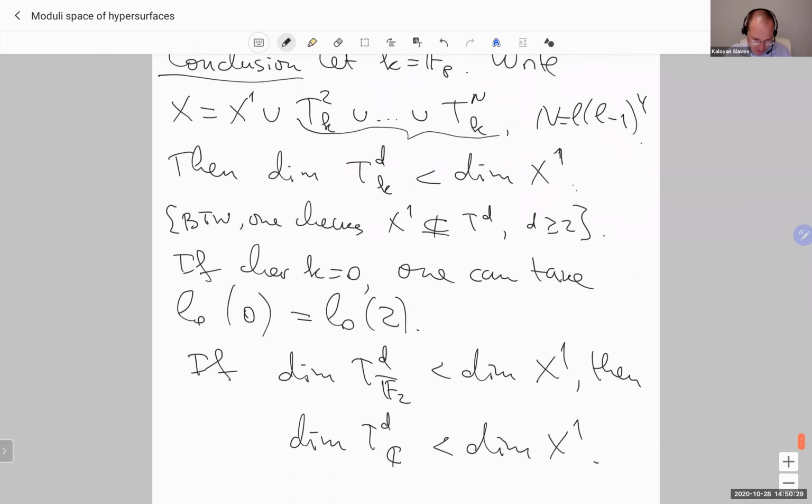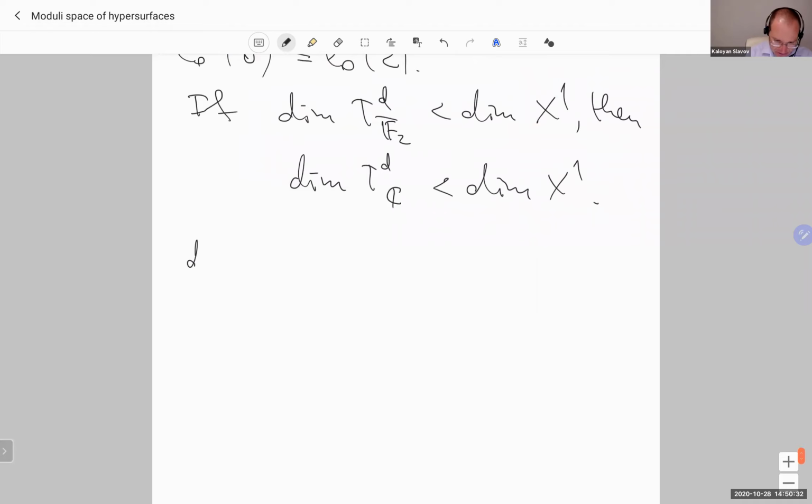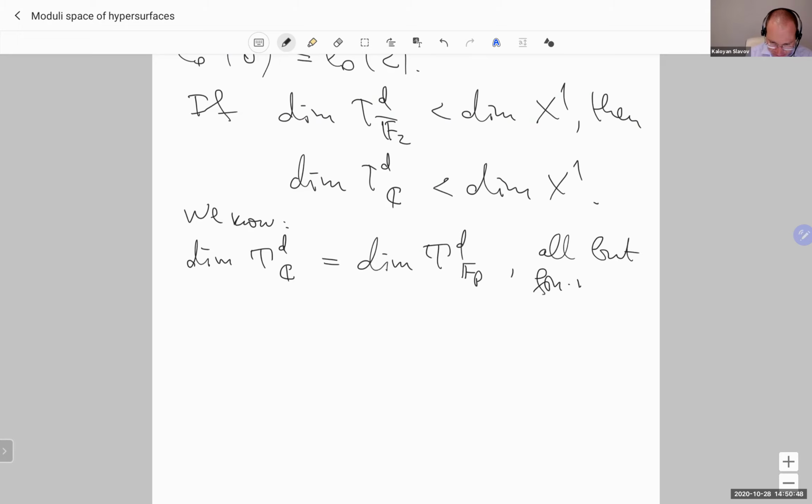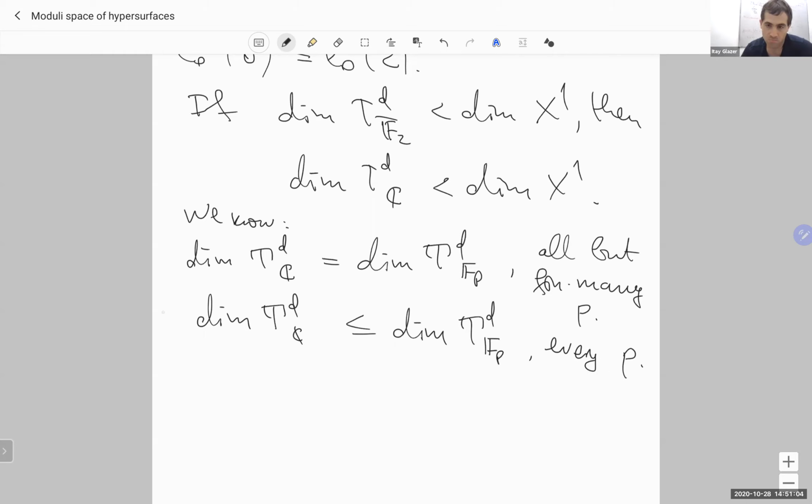Dimension of TD. So let's see what we know. The dimension of TD over the complex numbers is equal to the dimension of TD over F_p for all but finitely many P. And the dimension of TD over C is less than or equal to the dimension of TD over F_p for every P. Here we use that TD is projective, and here we use just that the generic fiber has the same dimension as all the fibers for all points in some dense open.